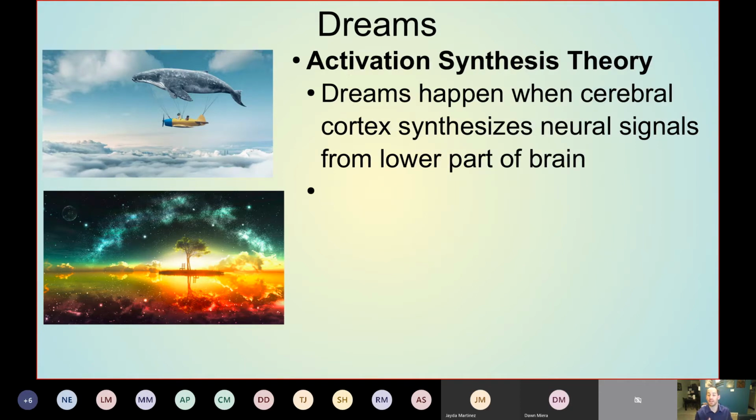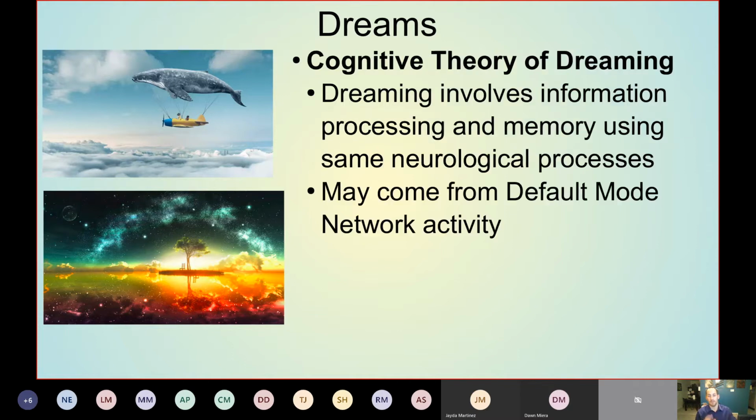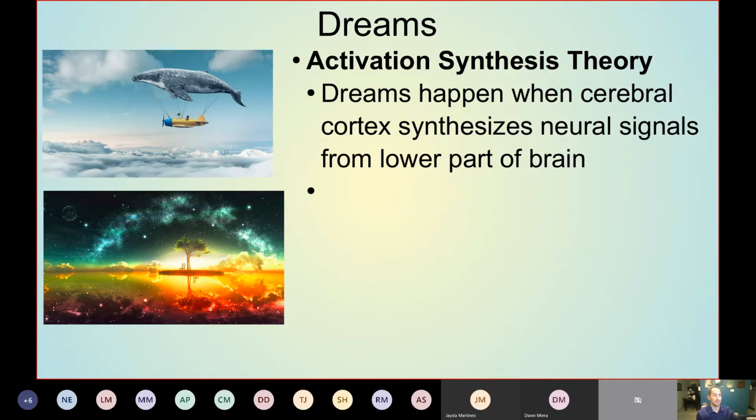And there's also the activation synthesis theory. This says that dreams might happen when the cerebral cortex synthesizes neural signals from the lower part of the brain. So it might sound pretty similar. With the cognitive theory of dreaming, you're processing specific things at the time, memories, running through the default mode, and from that activity, you then interpret it or have a dream about those materials, that memory, that kind of thing.